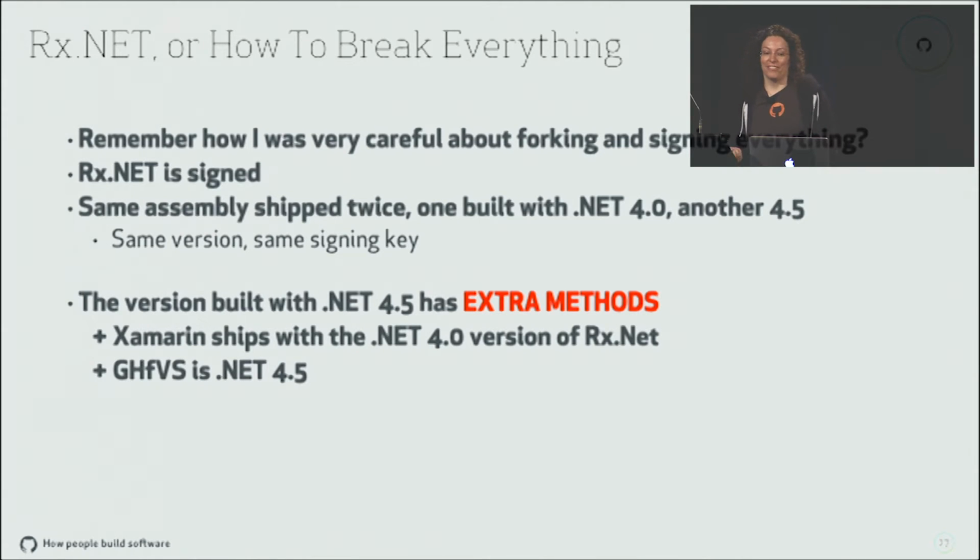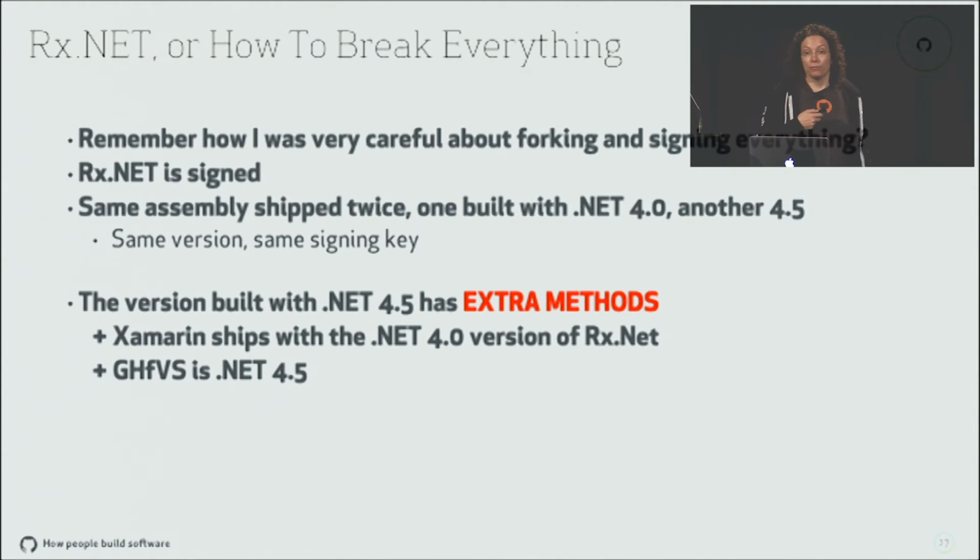The 4.5 version has extra methods that are not in the 4.0 version. And Xamarin happens to build against the 4.0 version because they've been shipping since 2012, 2013, so they naturally had an earlier .NET version for compatibility. And we're 4.5, because why not?